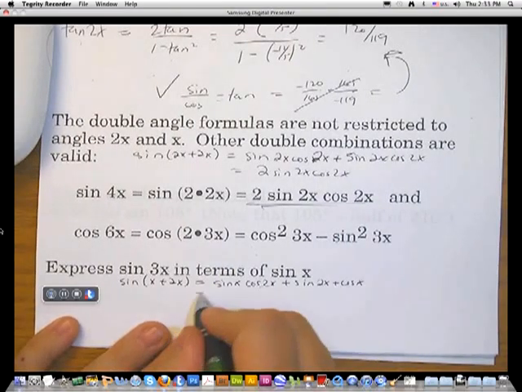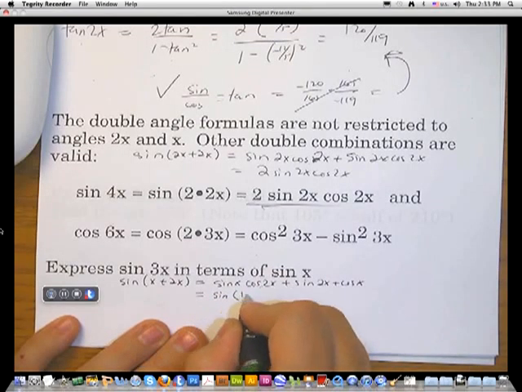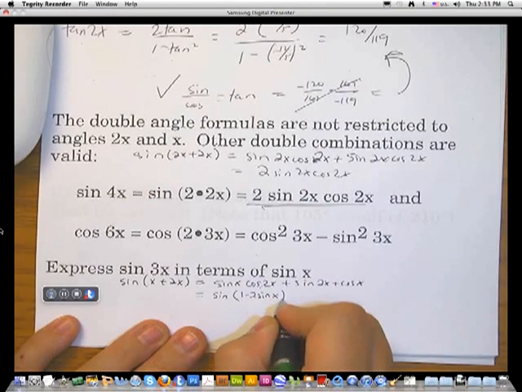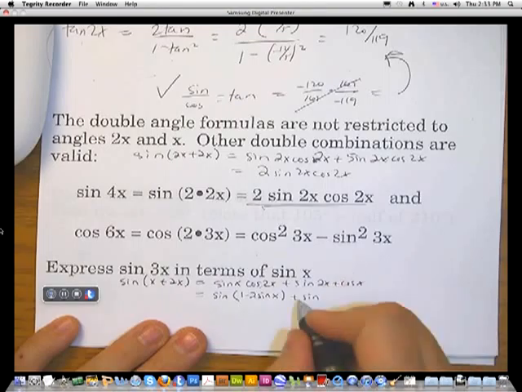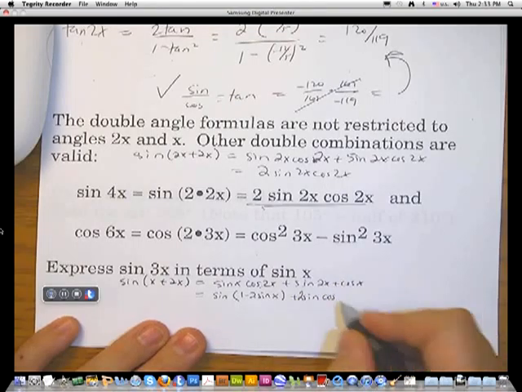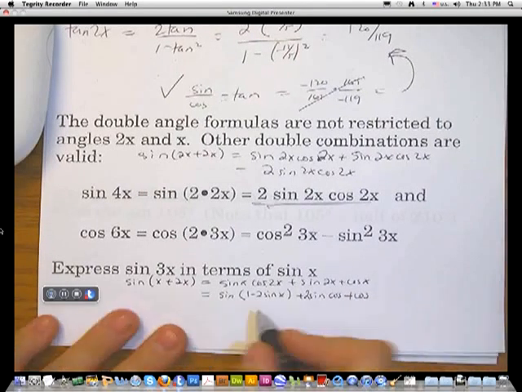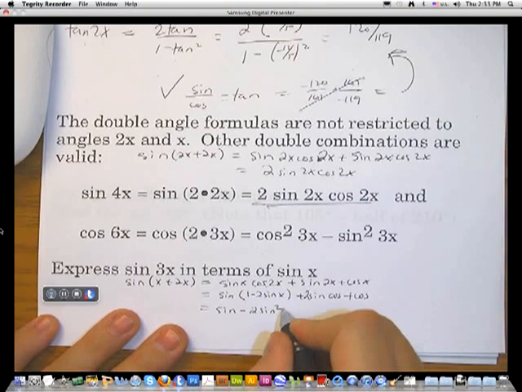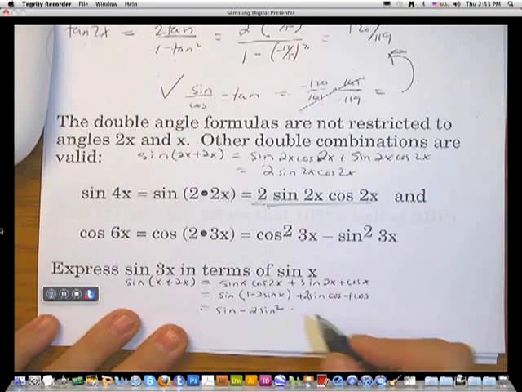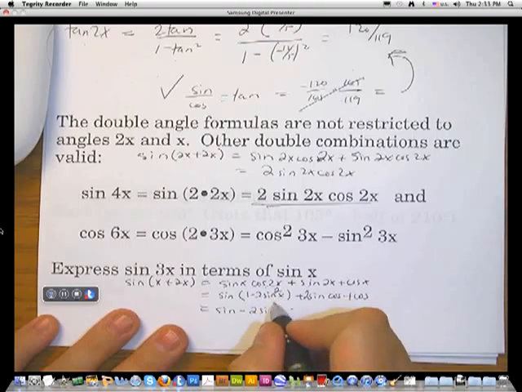Now I know cosine 2x, again from previous, I get to substitute that. Sine 2x is 2 sine cosine. That's the double angle. And here's cosine. Distribute. So I get sine minus 2 sine squared. Oops, cosine 2x is 1 minus 2 sine x squared, so that makes it cubed, sorry.